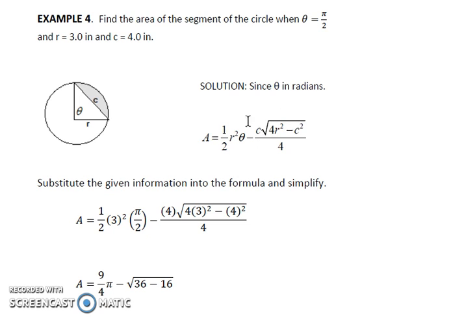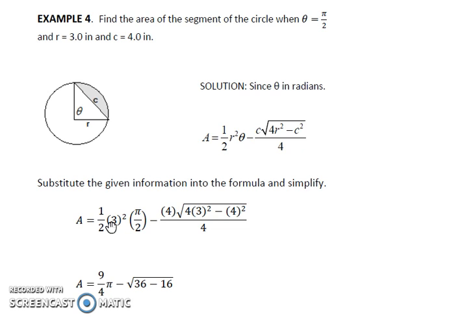So here's that formula. It's the area of the whole sector in radians minus the area of the triangle. We'll substitute the given information in the formula and simplify. So the radius was 3, the angle is pi over 2, and c, which is the length of the chord, was 4. So we put 4 where there's c's here and 3 where there's r, because that's the radius.